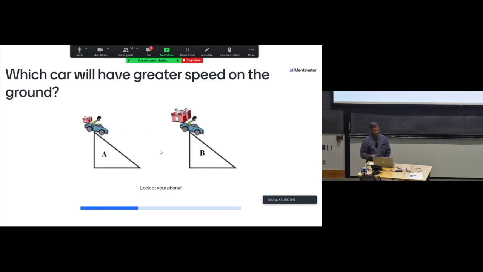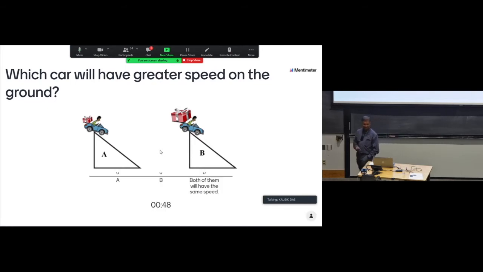And then we do the last follow-up question of that. This is festive season coming, so you are getting these gifts from your nearest and dearest ones. One is a small gift, one is a large gift. Same slope.